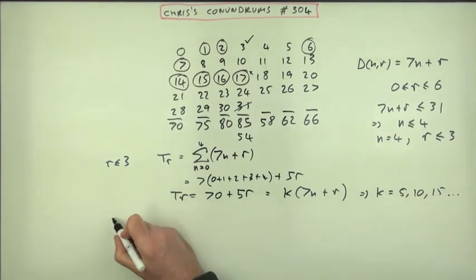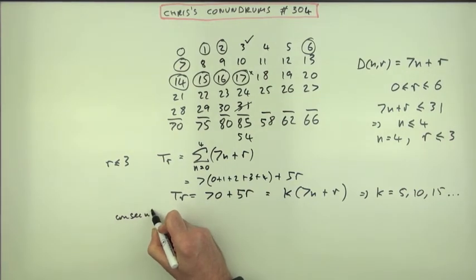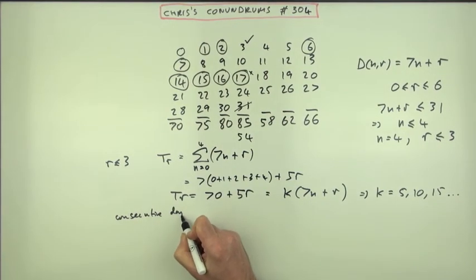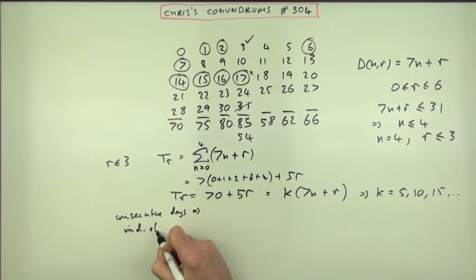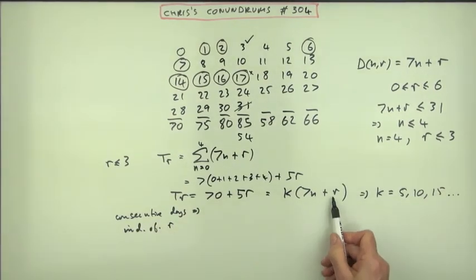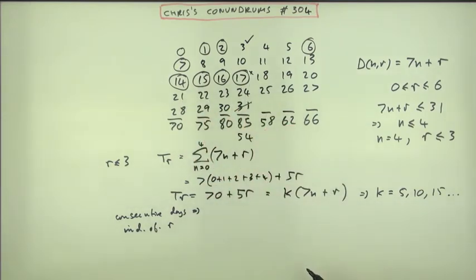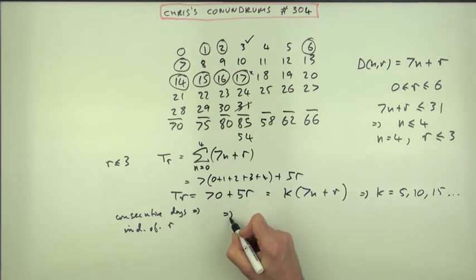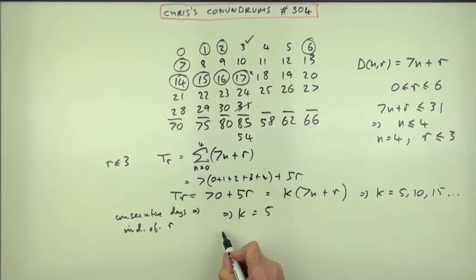But to have a run of consecutive days, you want to be independent of r, so that r could take any value for it to be consecutive. For it to be independent of r, that means that k would have to be 5. So k is 5, which means I've got this then.